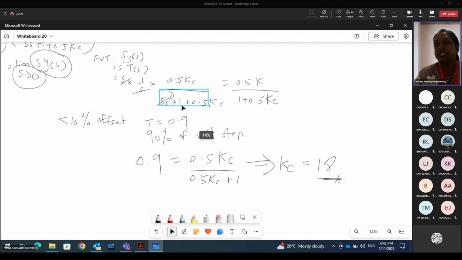So this is for part D. That's how, when they mention the offset is less than 10%, we can get the value of 0.9 and substitute it for T, expressed as the unit step expression.